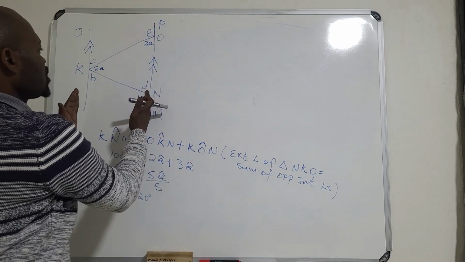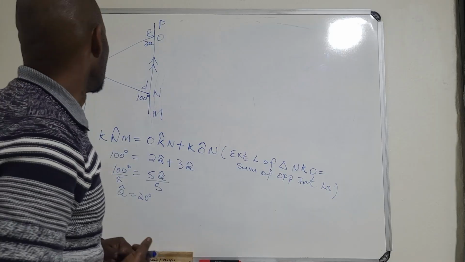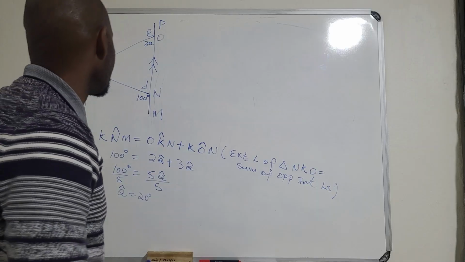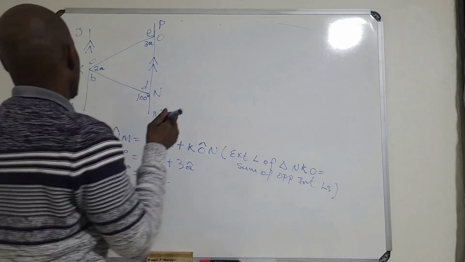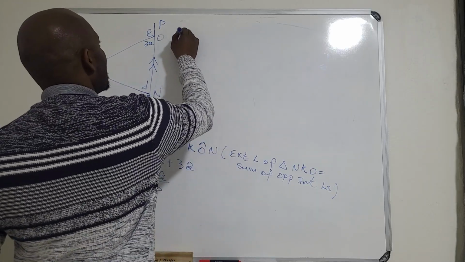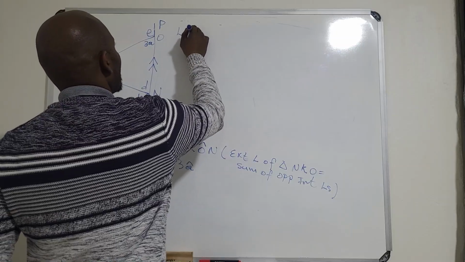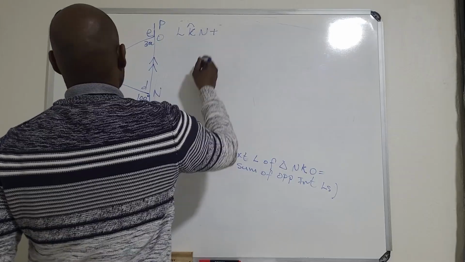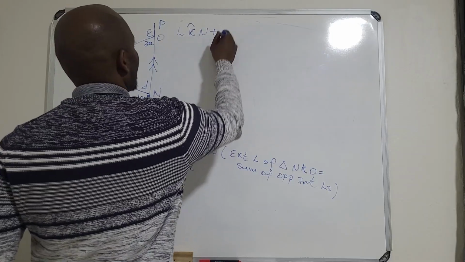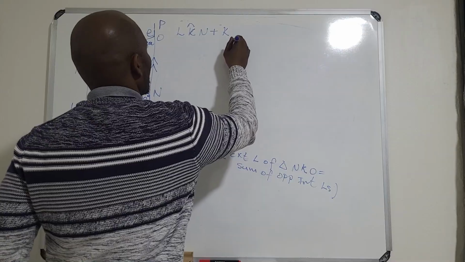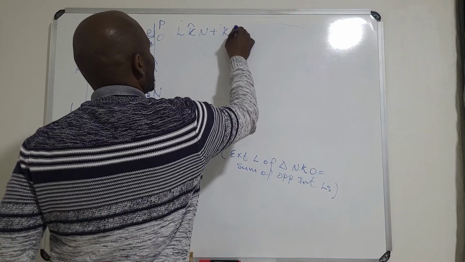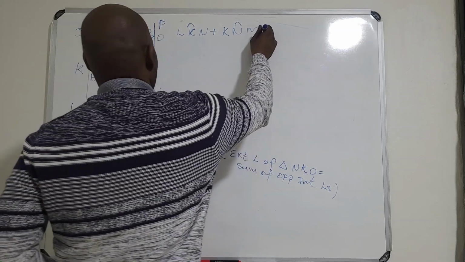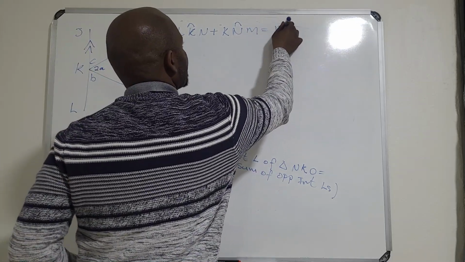Since these two sides are parallel, we can use the U shape, which is the U facing down, as you can see. Therefore, it means that angle LKN plus angle KNM is equals to 180 degrees.